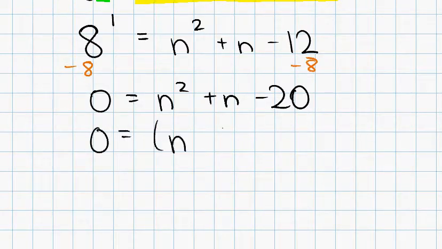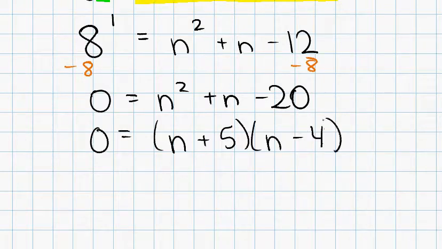Two numbers that multiply to negative 20 and add to 1 are positive 5 and negative 4. Solve for n. n could equal negative 5. n could equal 4. Do you remember when we solved for n in the last chapter with logarithms?